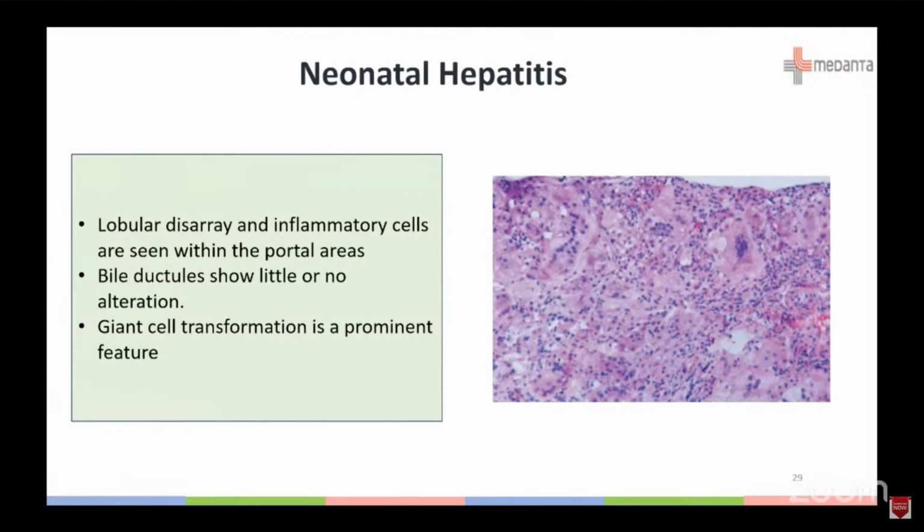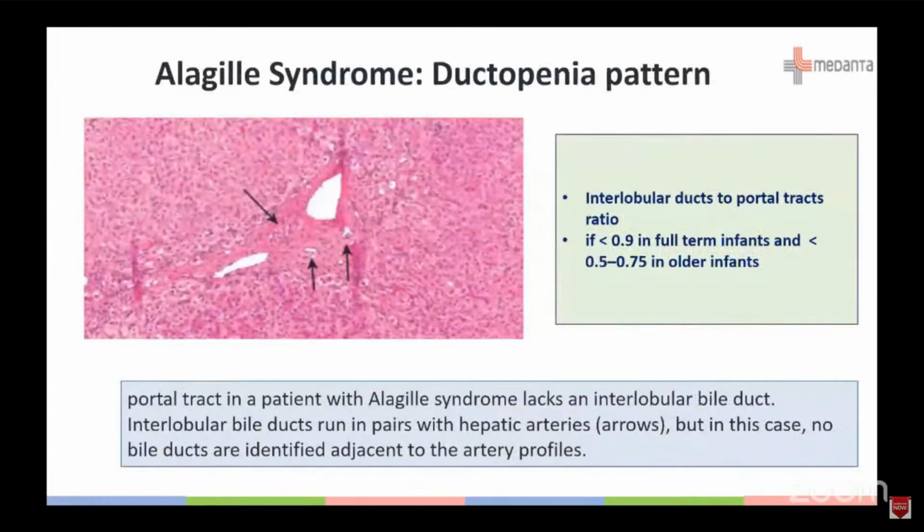Bile ducts show little or no alterations, and giant cell transformation is a prominent feature. Another important entity is Alagille syndrome, where we get the ductopenia pattern, in which the interlobular duct to portal tract ratio drops to less than 0.9 in full-term infants and less than 0.5 in older infants.